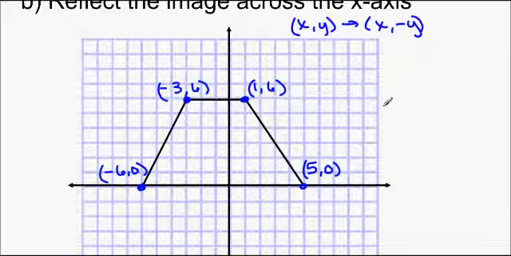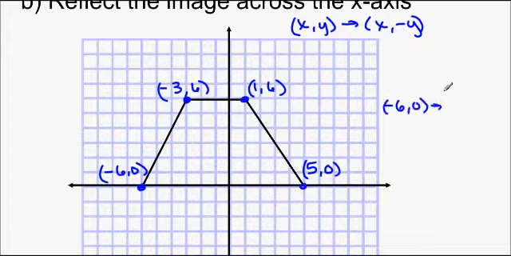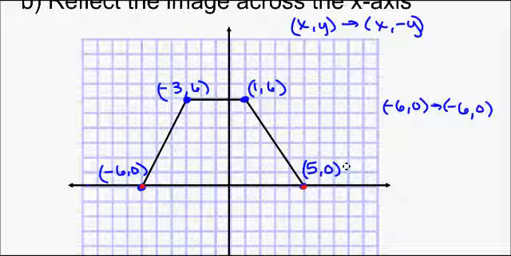Okay. So I have (negative 6, 0), which the x value is going to stay the same, so negative 6. The y value stays the same. And again, my line of reflection is right here. So since this is on the line of reflection, I could have just put the point there anyway. I can do the same for this one here. So those two are going to be themselves.